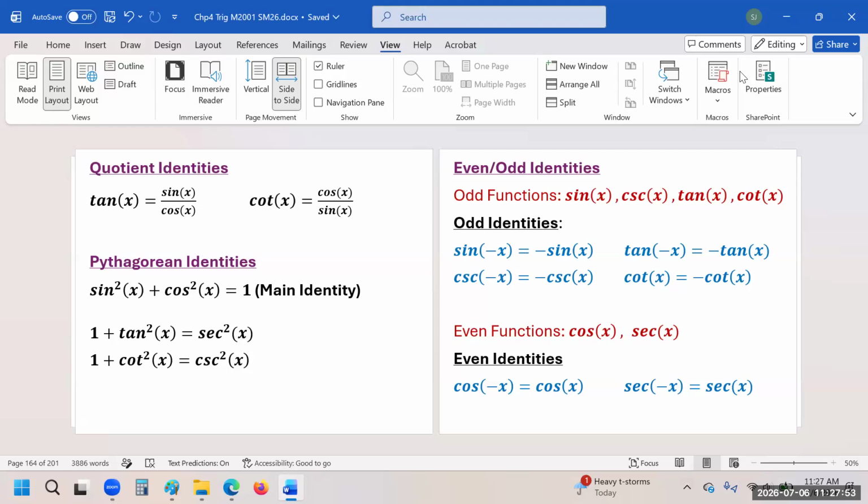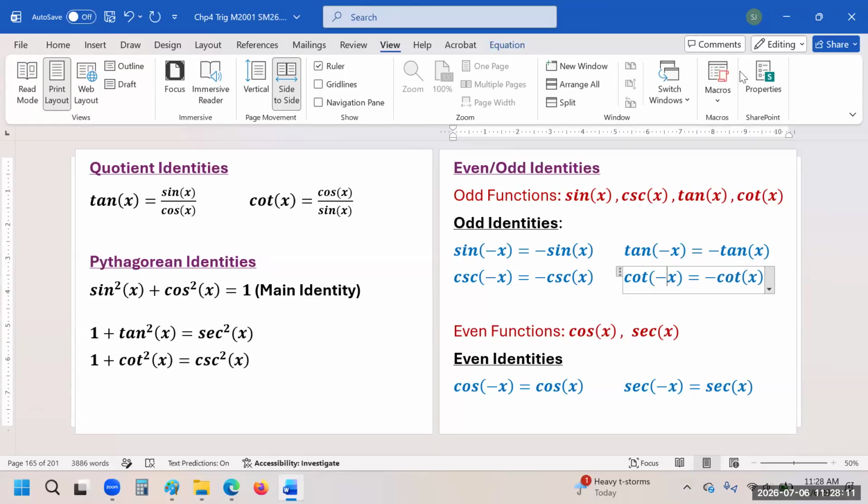Tangent of negative x is negative tangent x. Cosecant of negative x is negative cosecant of the positive x. And same thing, cotangent of negative x is negative cotangent of x.